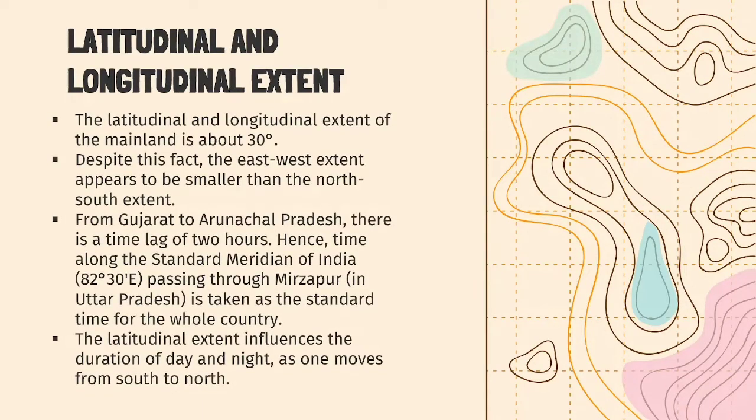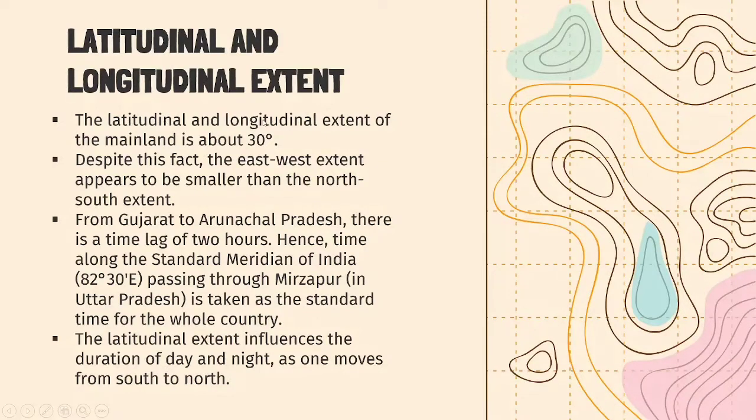So now we are going to see longitudinal and latitudinal extent. In the previous slide, we saw about the islands and the seas present in India in terms of geographical context. Now we are going to look at the latitudinal and longitudinal extent of India.